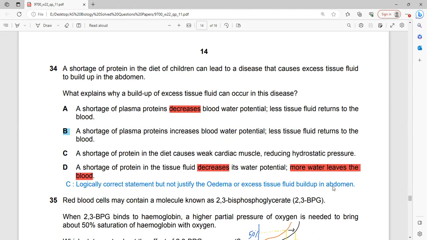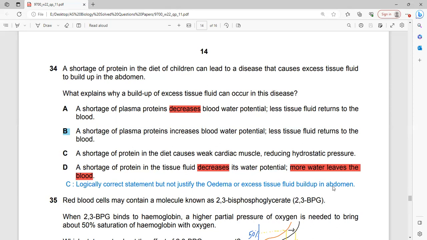So the opposite is written: with a shortage of plasma protein there is an increase in the blood water potential. That's why B is our correct option. The shortage of plasma protein increases the blood water potential and less tissue fluid will return. Why? Because if the blood water potential is already high, the water will not move back. So B is our correct option.